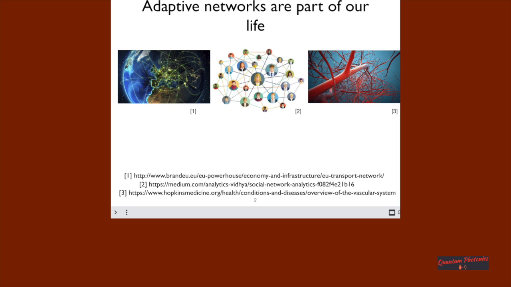Similarly, another network which is very much part of us is our blood vasculature network. And this blood vasculature network also adapts all the time depending on a variety of conditions and primarily depending on the amount of blood flow going through these networks. Blood vasculature networks are flow networks.